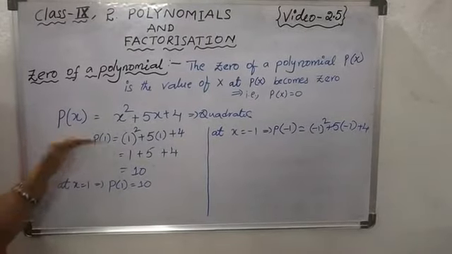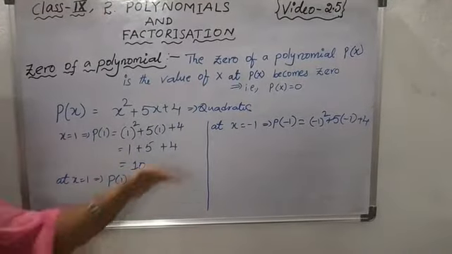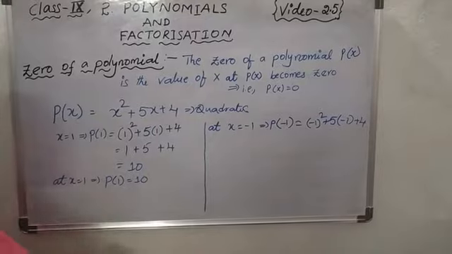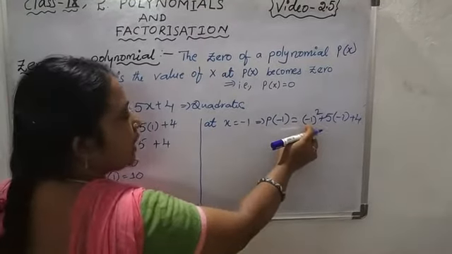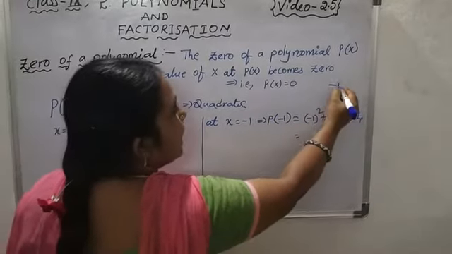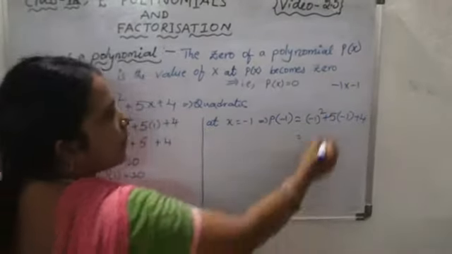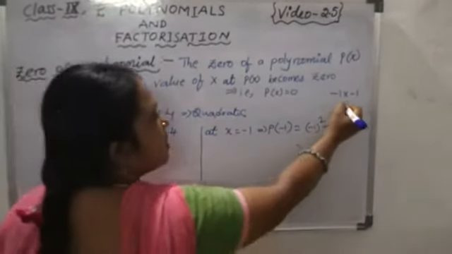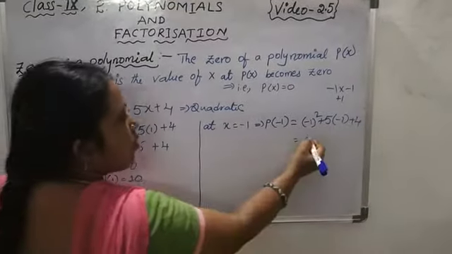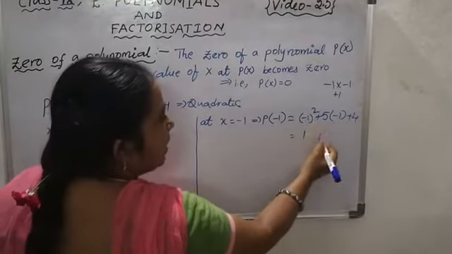When we substitute plus 1, we get the value 10. If we substitute x is equal to minus 1, we get minus 1 whole square, which means minus 1 multiplied 2 times: minus 1 into minus 1. 1 ones are 1, and minus into minus, both being the same signs, gives plus. So plus 1. 5 ones are 5.